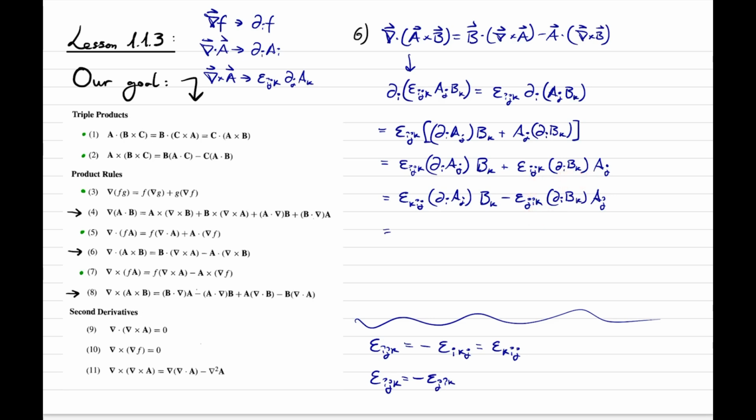So this is just like the kth component of the curl of A. This is like the jth component of that vector.